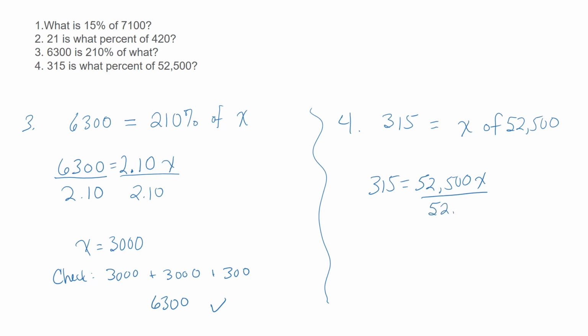Divide both sides by 52,500. And we get x is equal to 0.006. Now as a percent, we move that over and that's 0.6%. Now if we look at 315 compared to 52,500, it's very, very small. So the percentage will be very, very small.